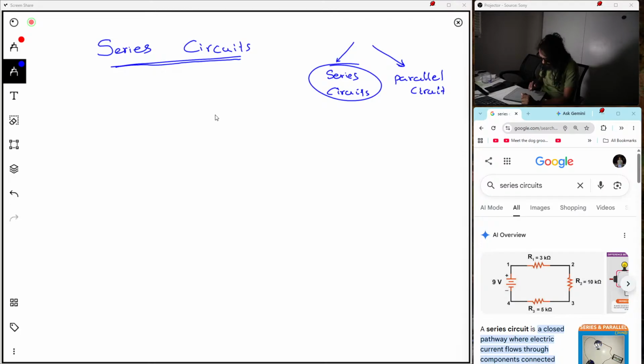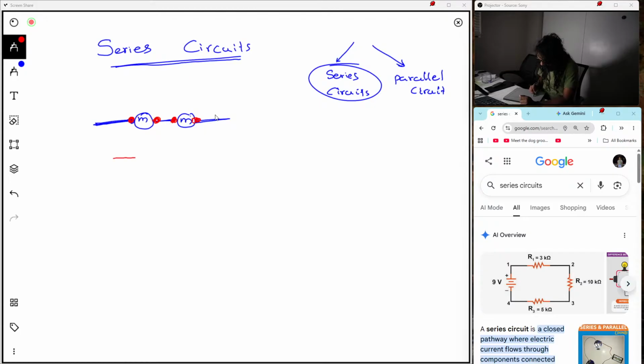For a series circuit, the components in your circuit are cascaded, or connected end to end. Let's say you have a motor, and that motor is connected to another motor like this. A motor has two terminals in this case. Here is one terminal, here is the other terminal, and we wire in between the connectors.